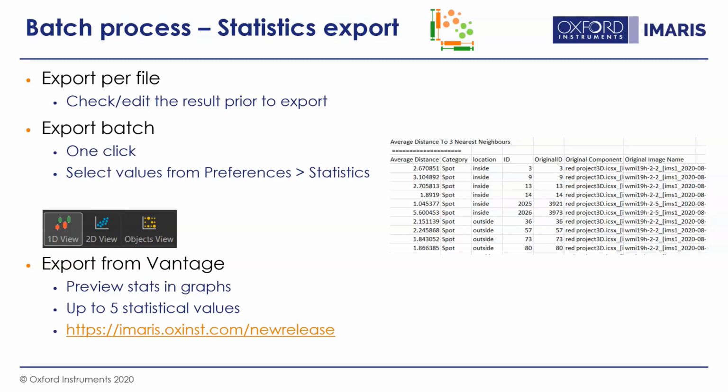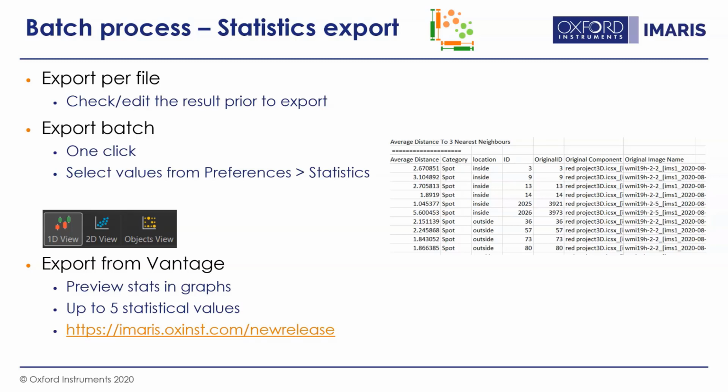This option allows you to check and edit the result prior to export. We also have the one-click option to export everything from the batch run. You can choose which statistical values to export from Preferences, Statistics tab, and with one single click, all the statistical values from all the batch files will be exported within the same Excel file sheet like the screenshot on the right.